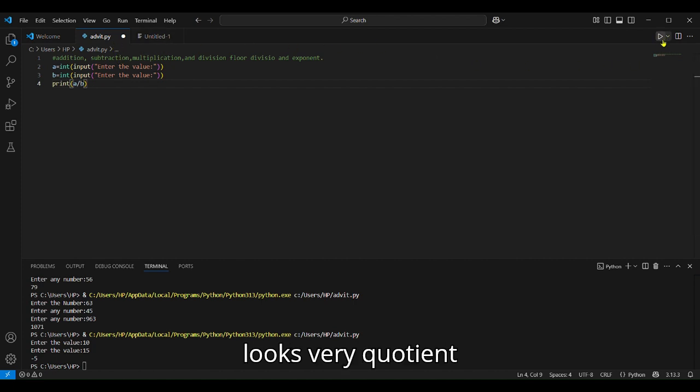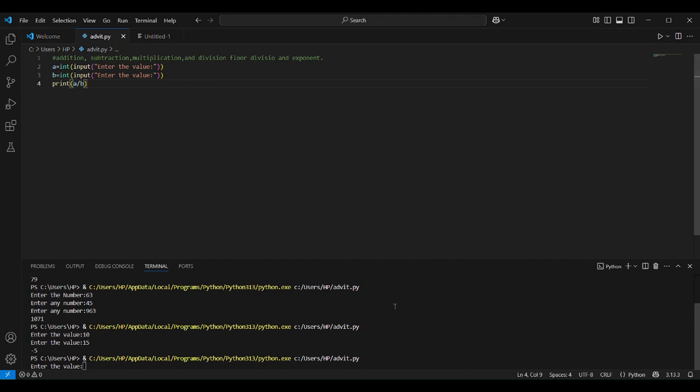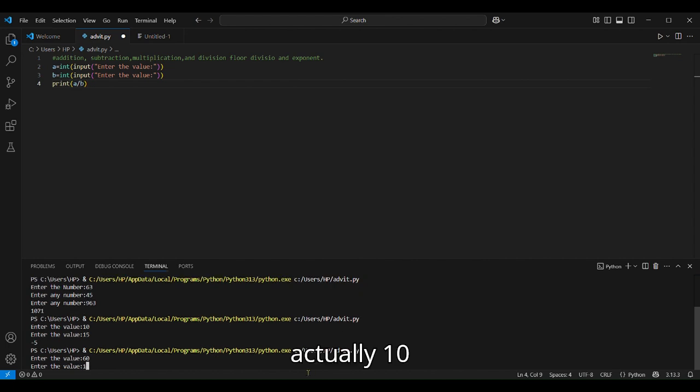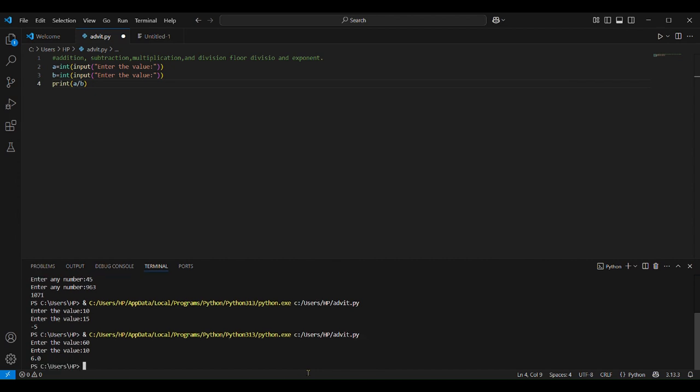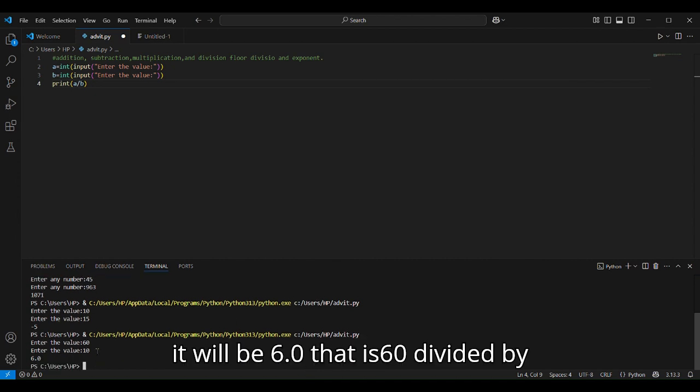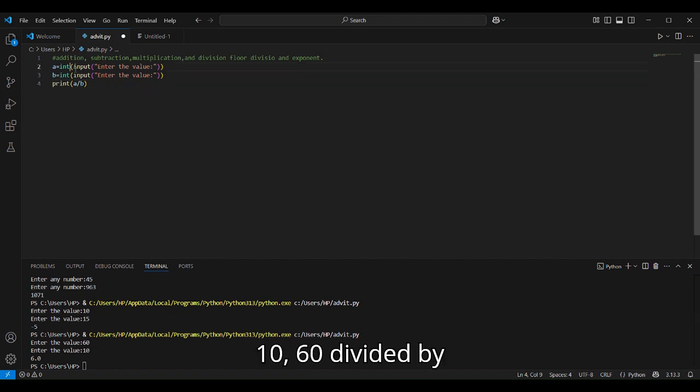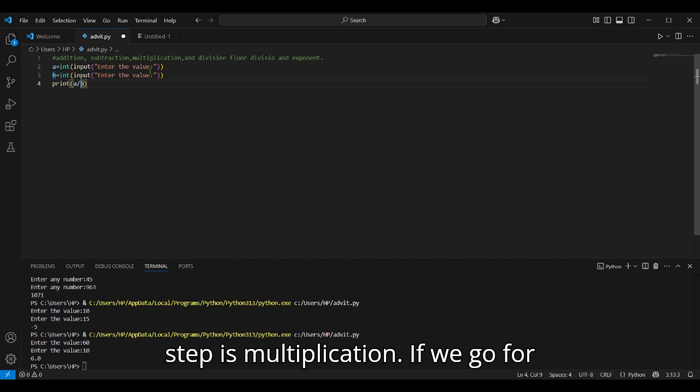For example, 60 and 10, it will be 6.0, that is 60 divided by 10. The answer is 6.0.